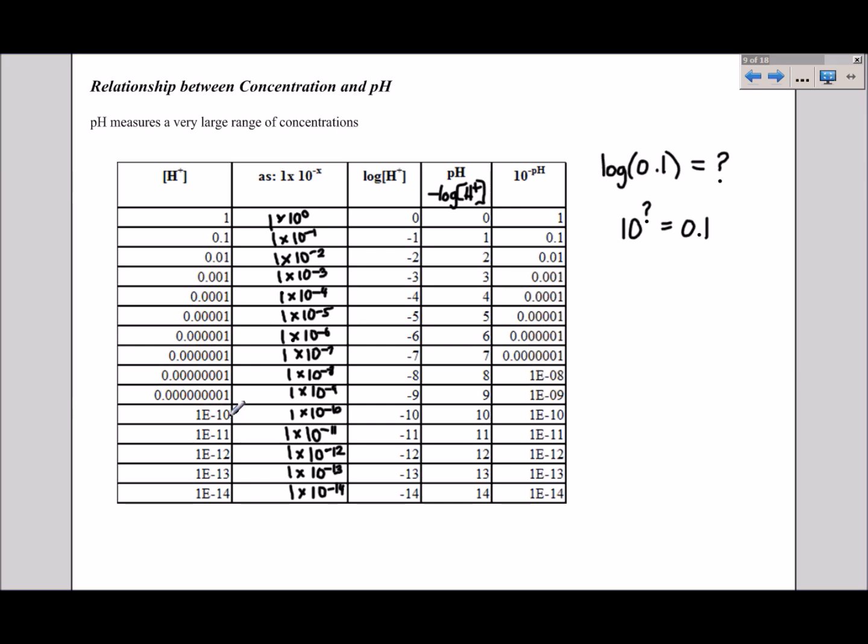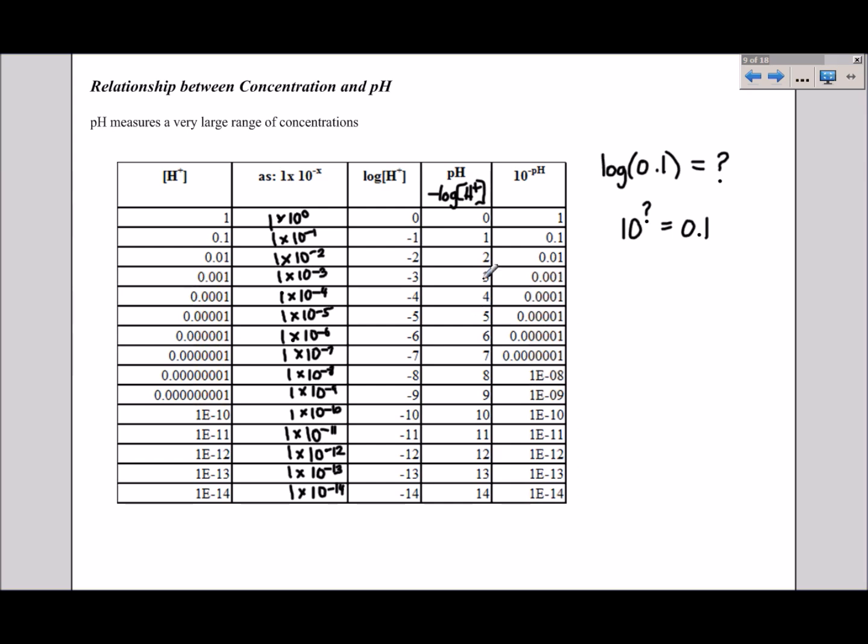But when we put these values on a logarithmic scale, people will have a better understanding of what the pH is. They can understand that 7 is neutral, and above that is basic, and below that is acidic.